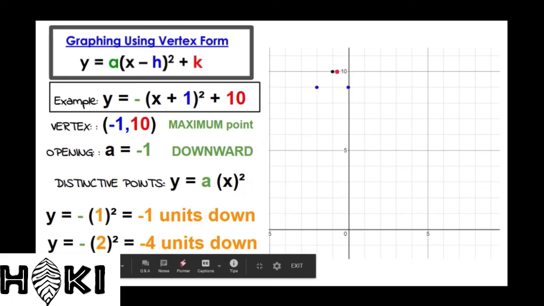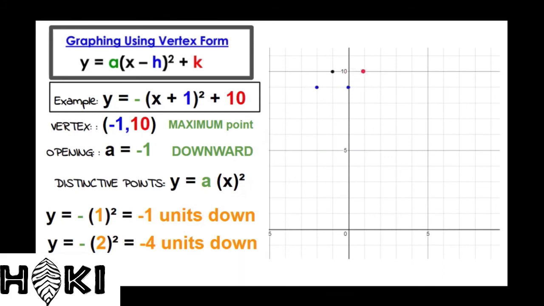So 1, 2, and then 4 units down. 1, 2, 3, 4. Okay, so that's your point. Of course, you also have to do it on the left side. So again, 1, 2, and then 4 units downwards. 1, 2, 3, 4. And that's the point.